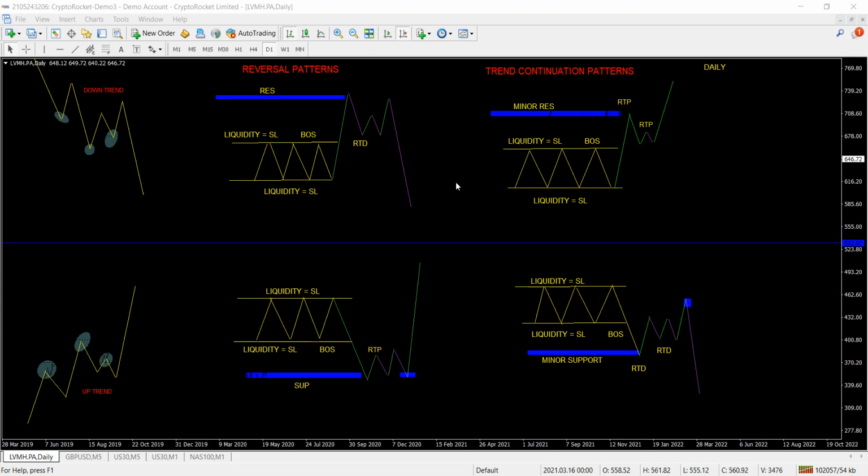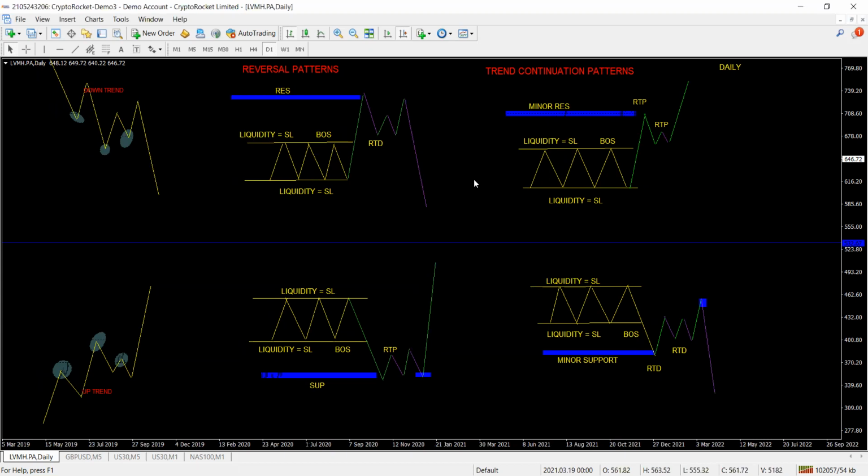All right. Now, what a lot of people don't realize is if you are a retail trader, and we're basically all retail traders, but if you're using retail concepts, then we are taught to trade off of support and resistance. And honestly, that is not wrong, but it's which ones you trade off of that are important.